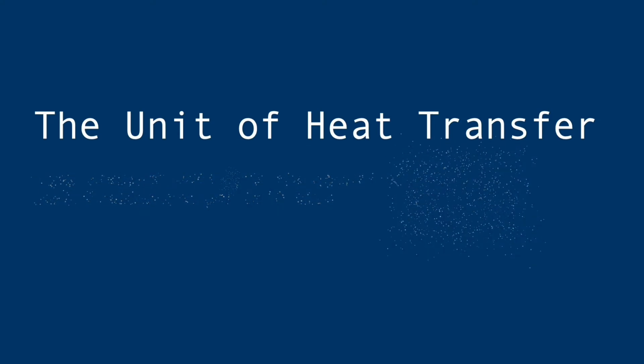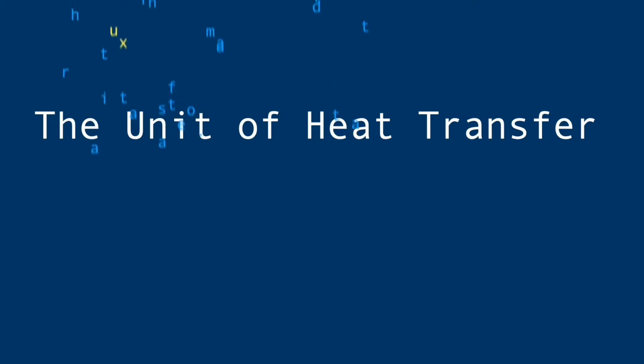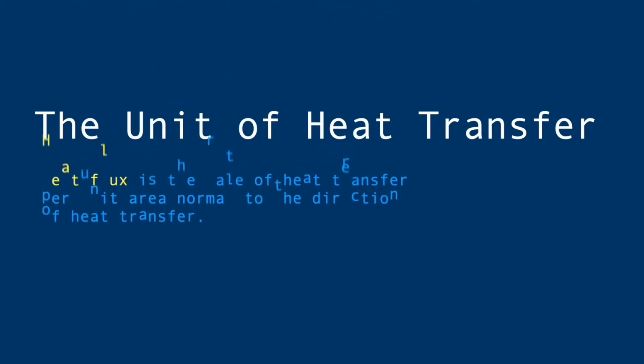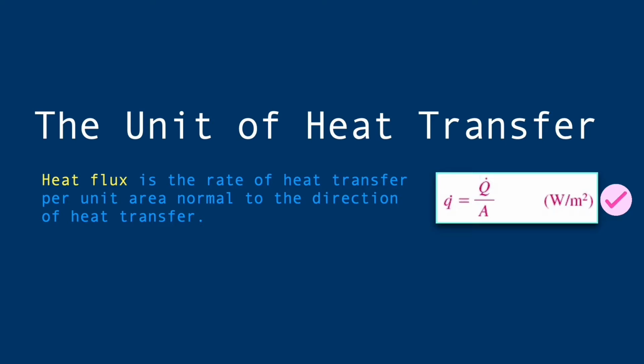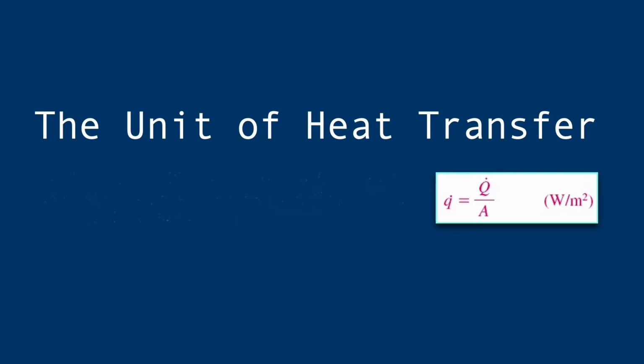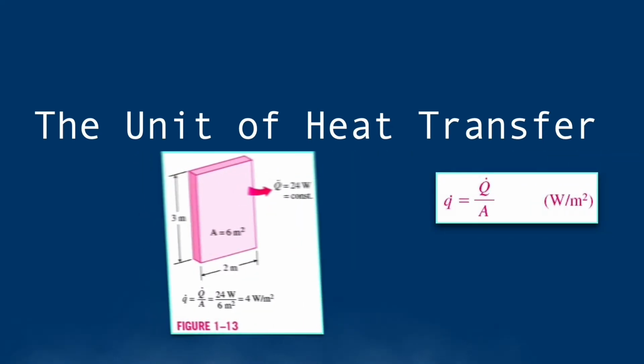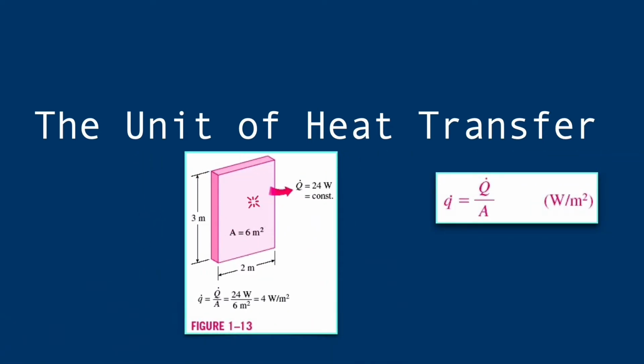Therefore, its unit becomes joule per second or watt. Heat flux is the rate of heat transfer per unit area normal to the direction of heat transfer, and the unit is watt per square meter.